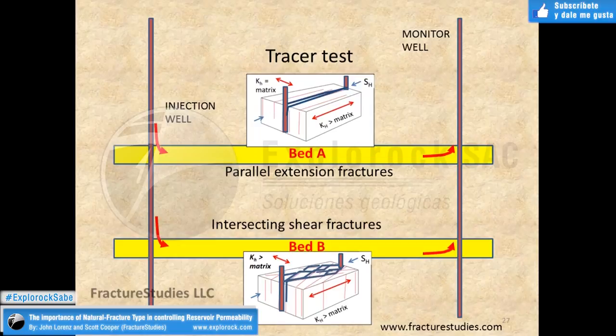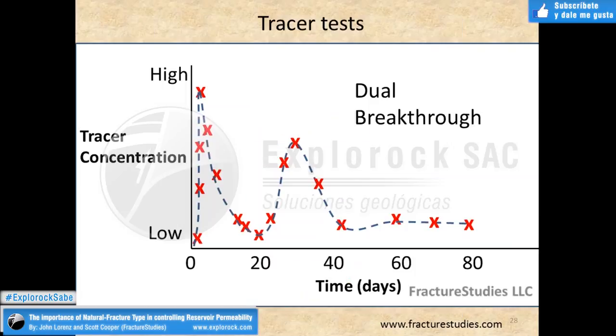And here we are. We have the tracer test showing a very early breakthrough with a quick drop-off of tracer, and then 20 days after injection of tracer, we start to get a second breakthrough. That breakthrough lasts almost 20 days before it's getting flushed out of the system.